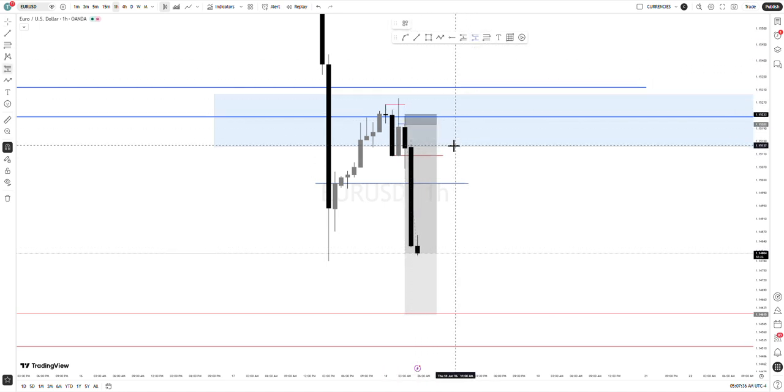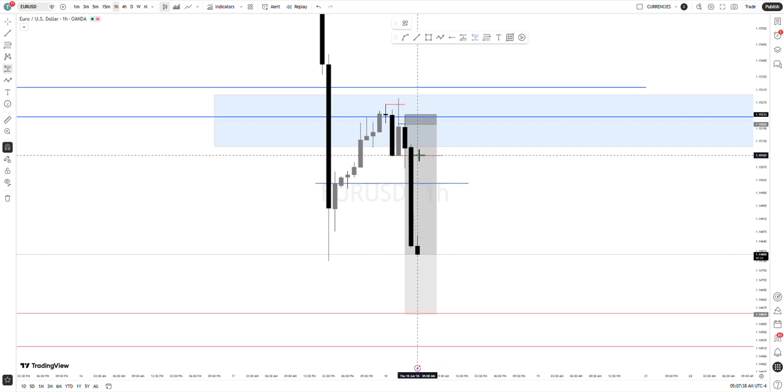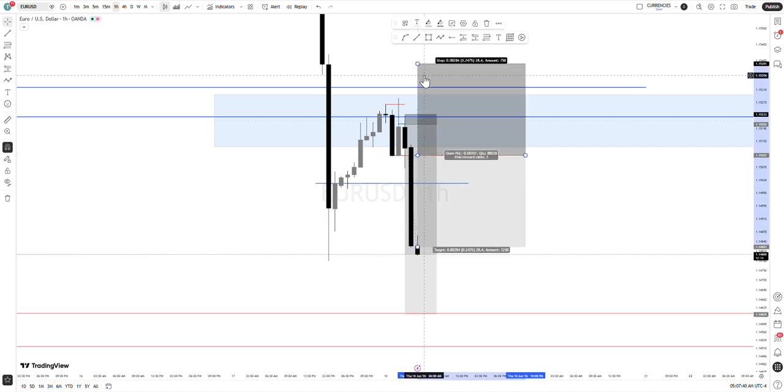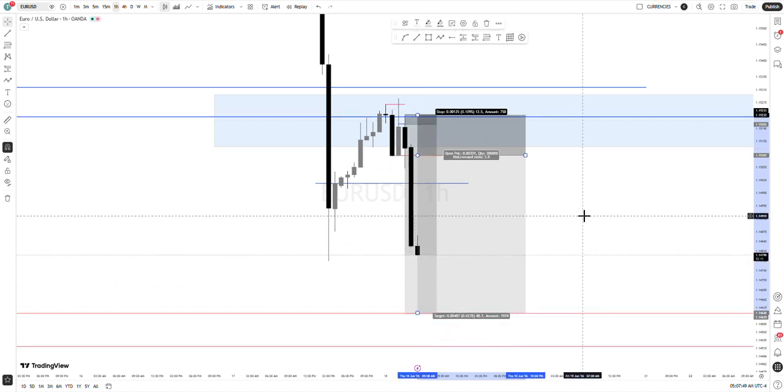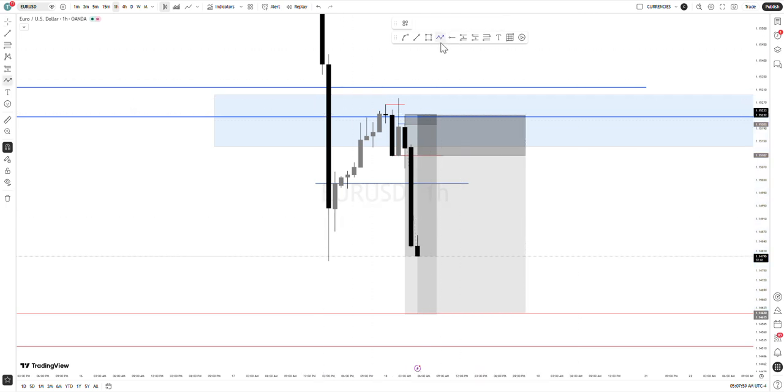If you don't want to stress yourself, you can just place your trade just here, SL here, and you target the next daily key level. So definitely price might be giving us something like this.